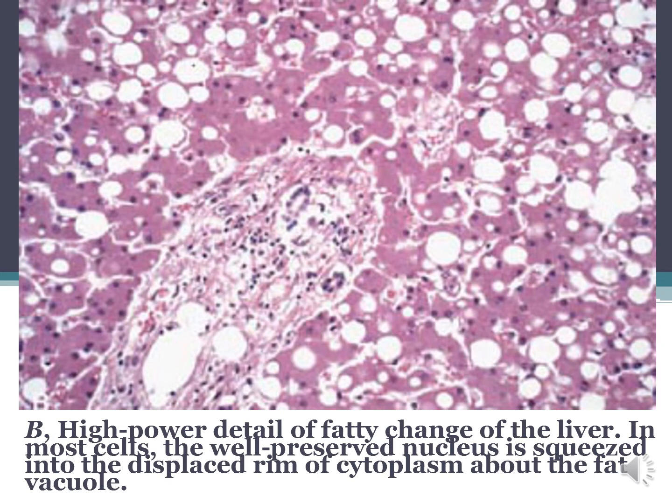Under the microscope, here we see the high power detail of fatty change of the liver, that in most cells, the well-preserved nucleus is squeezed into the displaced stream of cytoplasm about the fat vacuole. So here you see a lot of vacuoles.